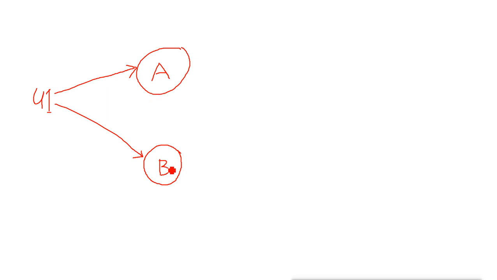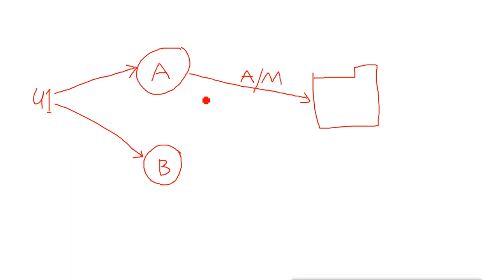Now what happens if there is one file or folder available here, and I am giving group A a permission. We can give a group permission also, and I am giving the permission to modify. I am giving allow modify permission to group A, and to group B I am giving deny modify permission.